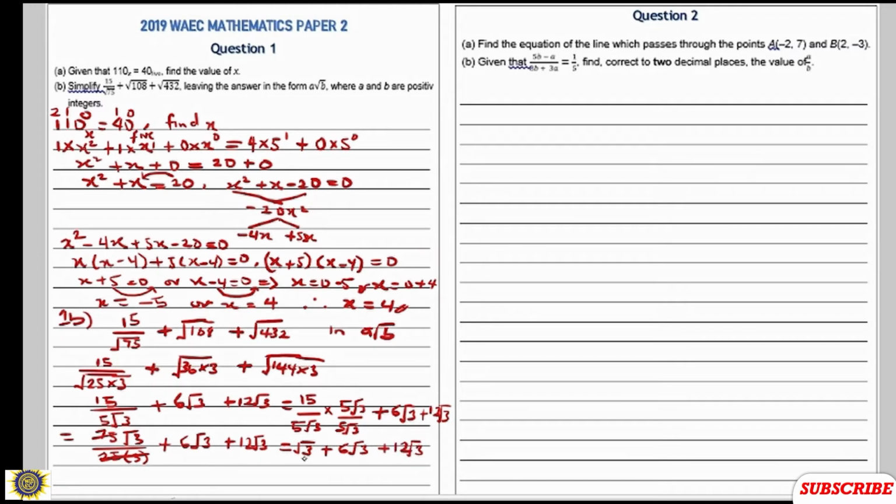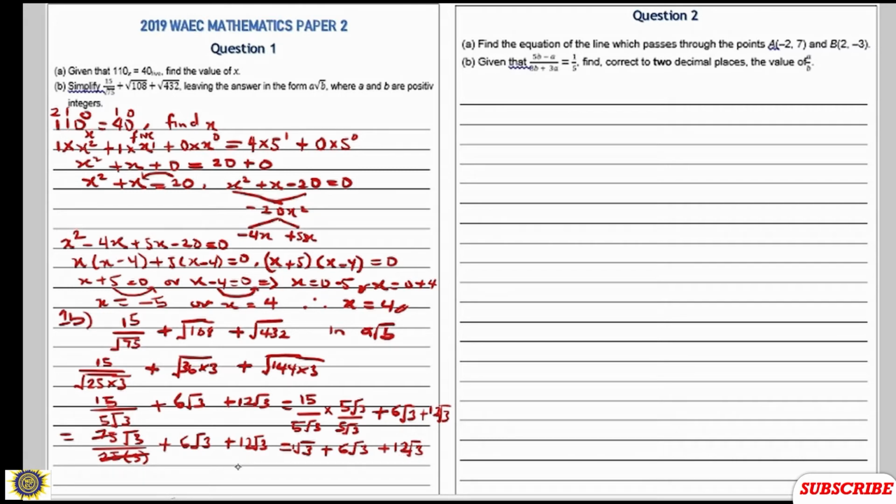So since they are similar surds now, you can add them together. Now look at this. This one here has a coefficient of 1. This one has a coefficient of 6. This one has a coefficient of 12. Since they have the same root 3, you can add the coefficients together. 1 plus 6 gives us 7, and 7 plus 12 gives us 19.